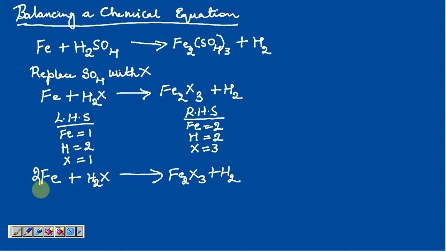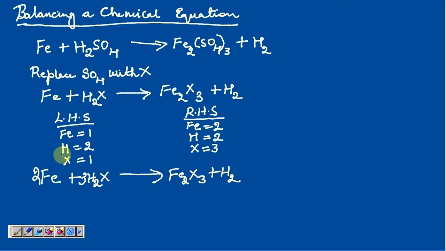So 3 into X is 3X. Again, X is 3 on the right hand side, so X is also balanced.